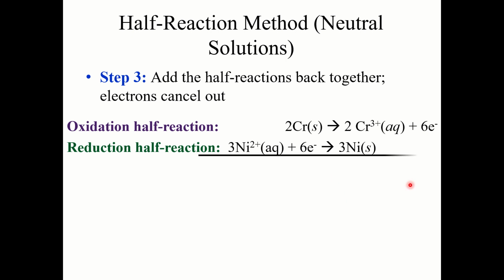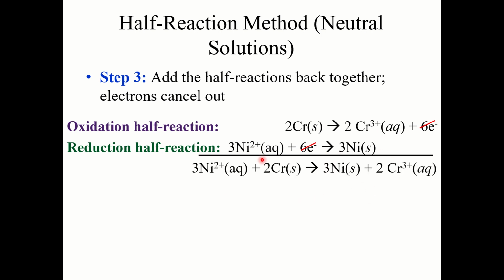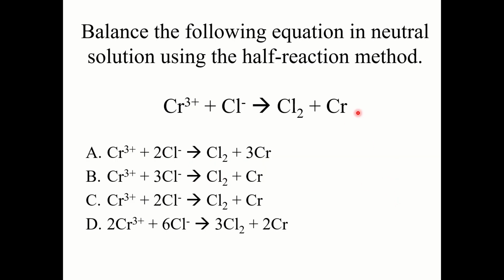Now I can combine these because the electrons successfully cancel out, just like spectator ions. This gives my final answer: 3Ni2+ plus 2Cr(s) forms 3Ni(s) plus 2Cr3+. We've got 2 chromium atoms on both sides, 3 nickel atoms on both sides, so the mass is balanced, and the charge is balanced as well. I've got +6 on the left and +6 on the right.